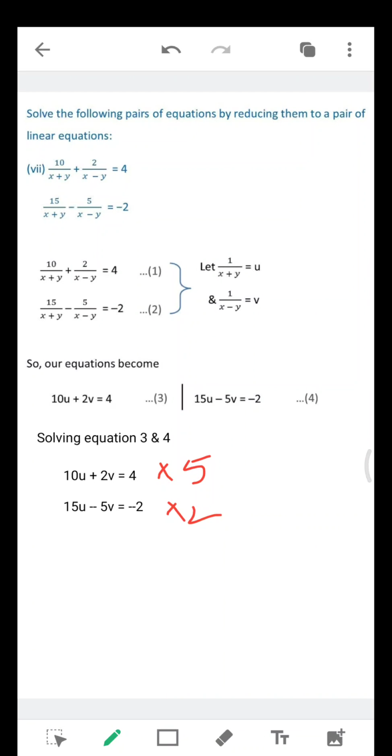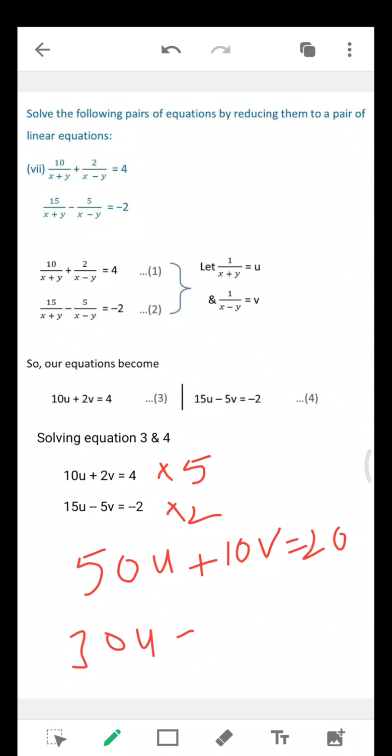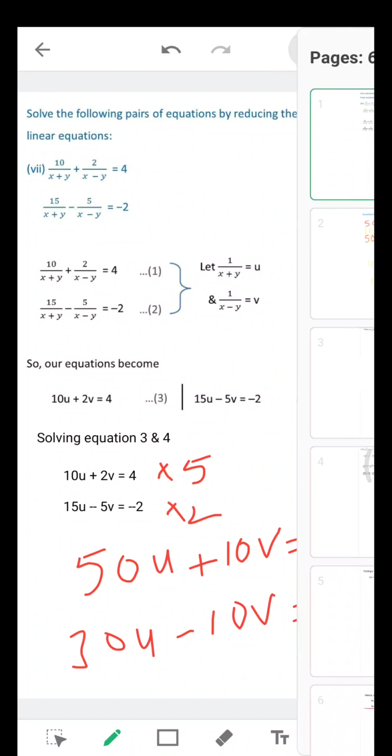So when you multiply this, your equations become 50u plus 10v is equal to 20, and 30u minus 10v is equal to minus 4, multiplying on both the sides.